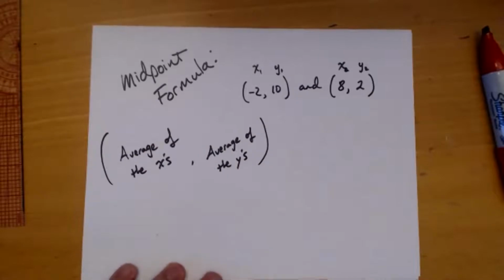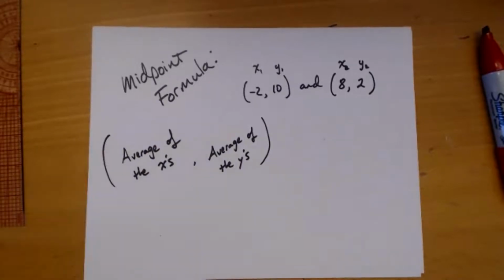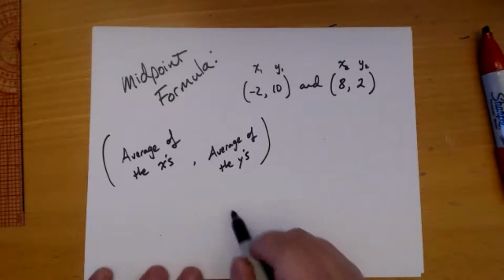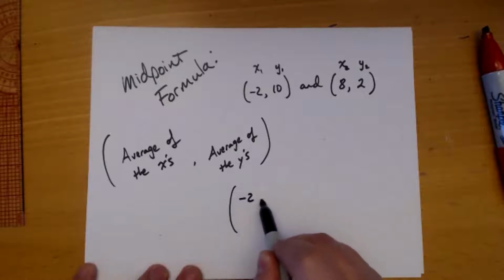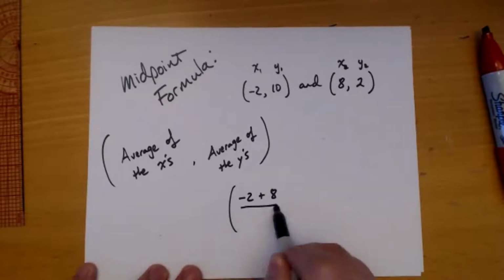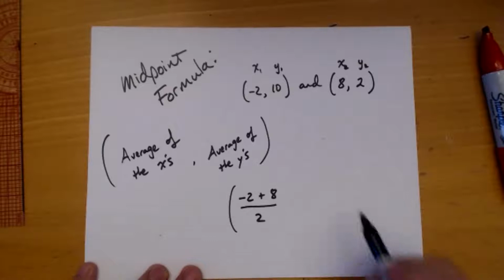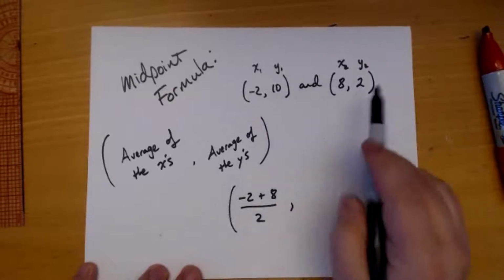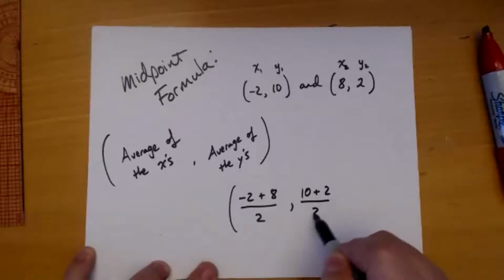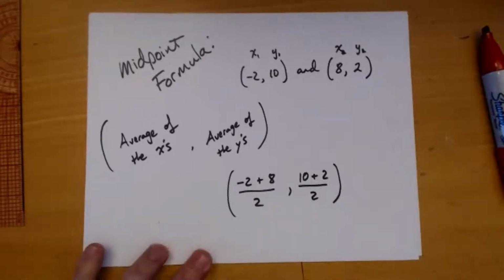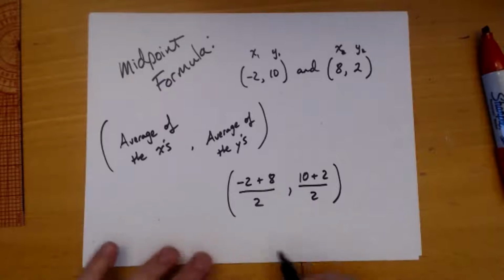That's really what it's all about. Here's how you would do it: we take the X's, -2 and 8, and we average them, and then we take the Y's and we average them. And of course, we clean it up and simplify it.